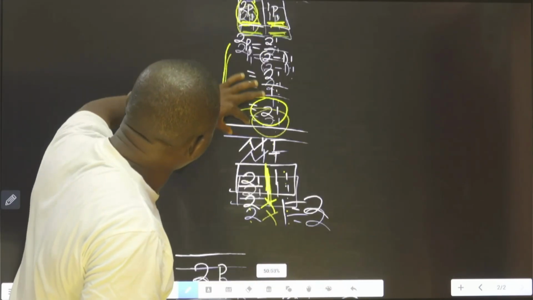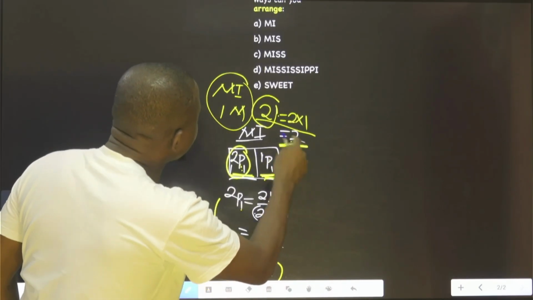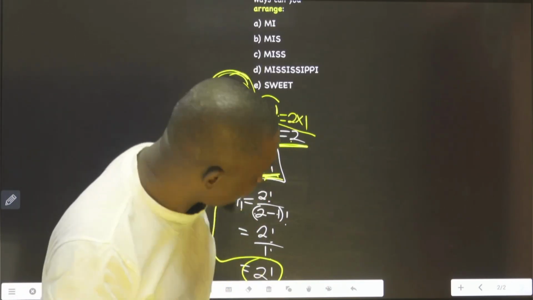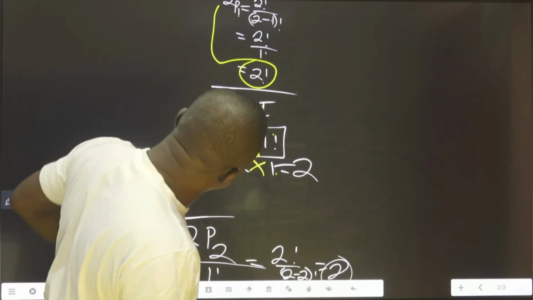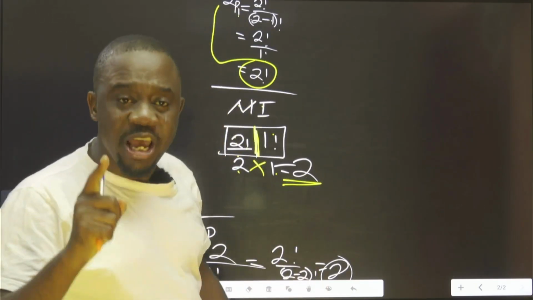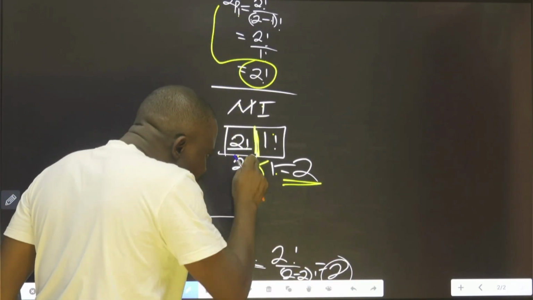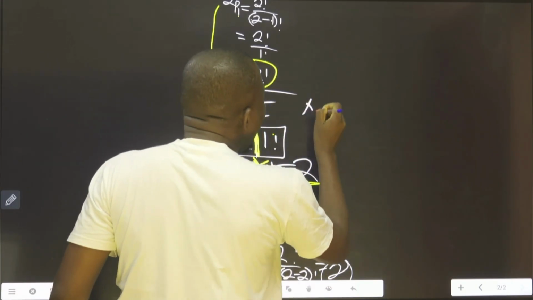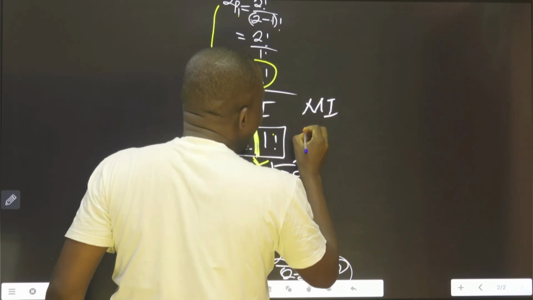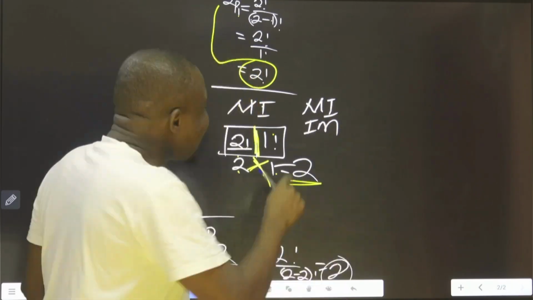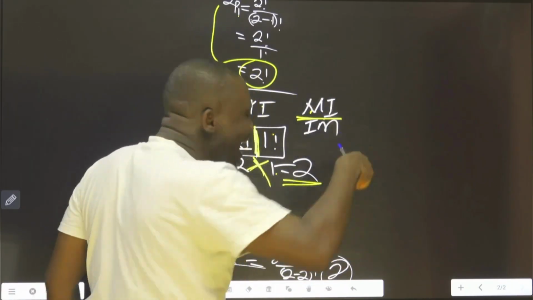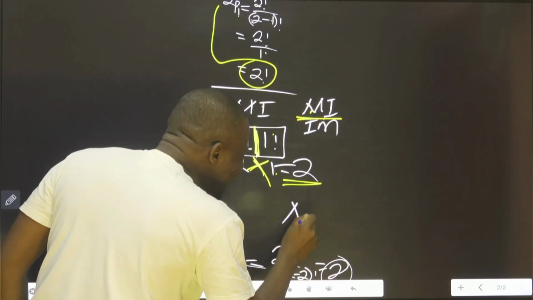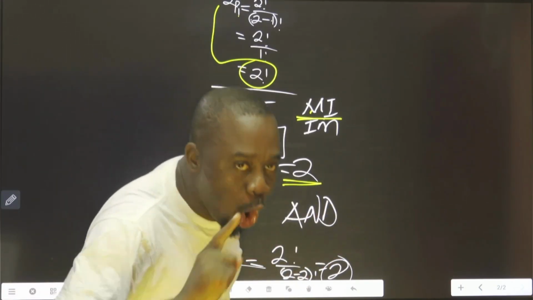Okay? At the end of the day, we are coming back to this place. 2 ways of arranging MI. But why did we use multiplication instead of plus? Because if you are going to form MI or IM, to form this MI is M and I, M and I, not or.